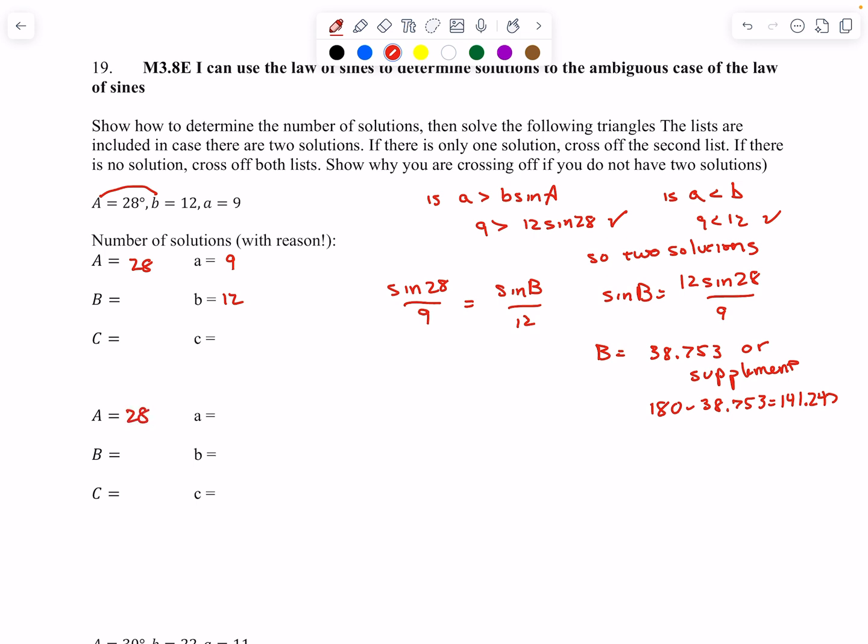So don't mess with the things that you're given. If there really is only one solution, then this will total already more than 180. If there's no solution, you'll get an error message at the very beginning.